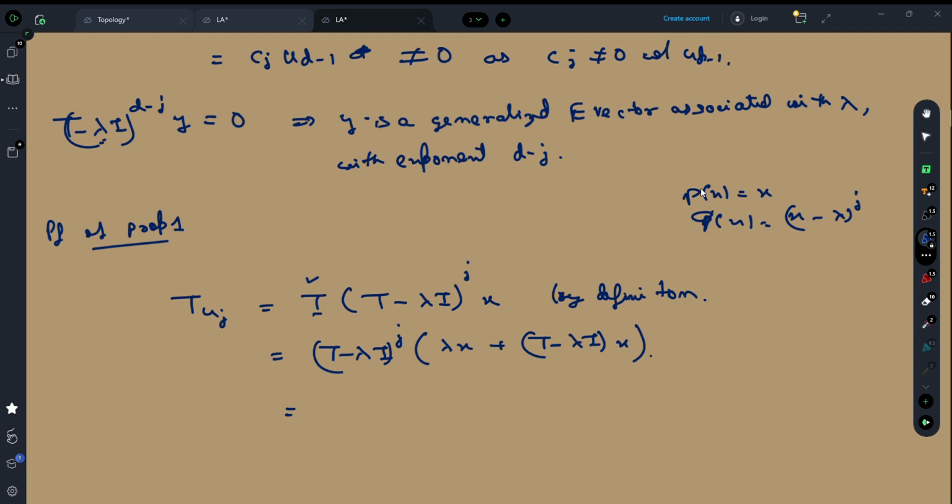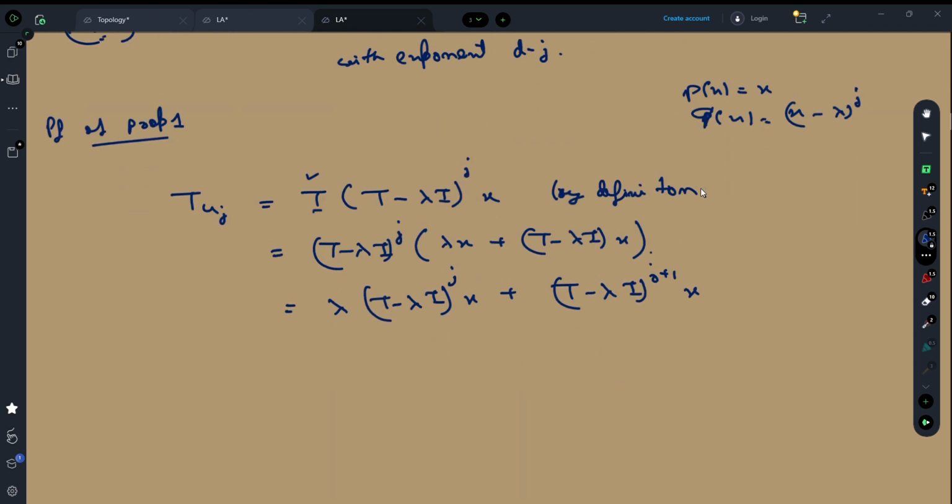Then we can just expand it out. So this becomes lambda times (T minus lambda I)^j x plus (T minus lambda I) to the power j plus 1 of x, right? So this is typically lambda u_j plus u_{j+1}, right?